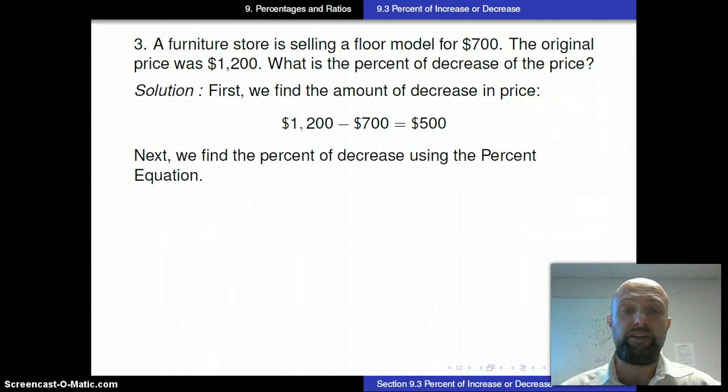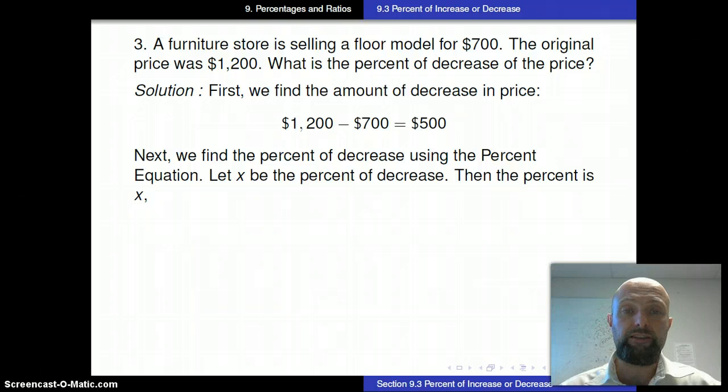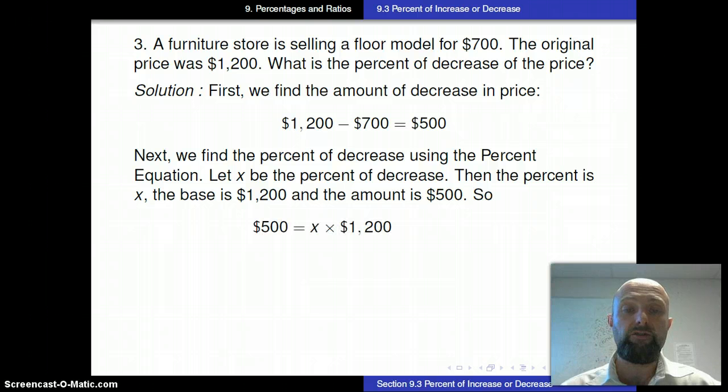We use the percent equation. So let x be the percent of decrease. Then the percent is x. The base is $1,200. And the amount is $500. Amount is percent times base, so we get $500 is x times $1,200, which is $1,200x dollars.